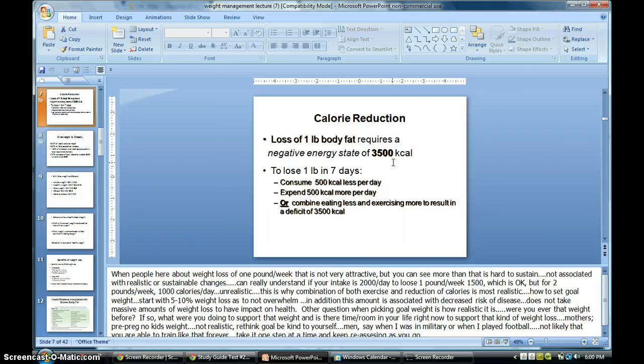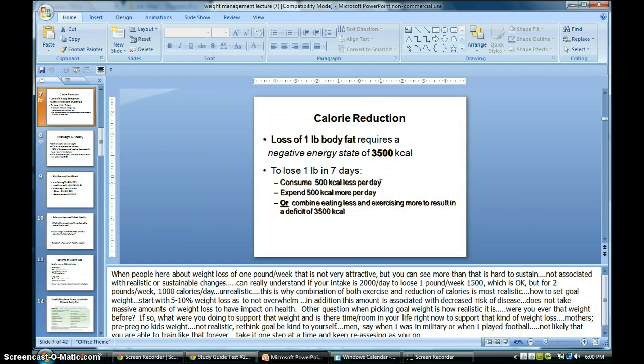So let's just say somebody needs 2,000 calories every day to maintain the weight that they're at right now. That means if they want to lose 1 pound in a week, they're going to need to be in a 500 calorie deficit every day. Why? Because 500 calories a day times 7 days a week equals this 3,500 calories.